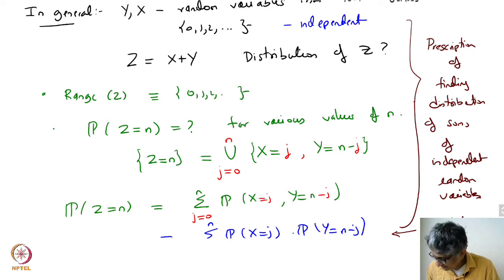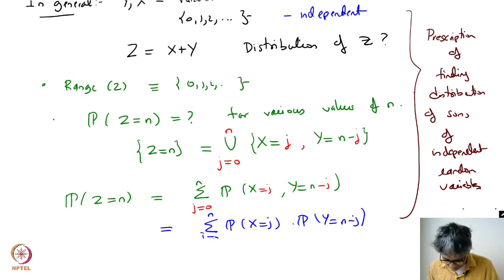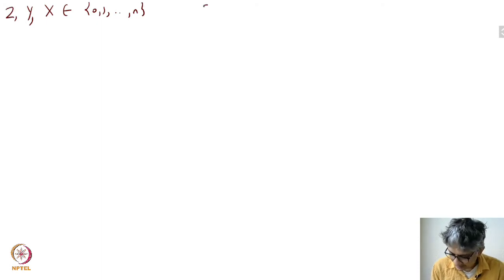Let me illustrate that a little bit more. What we observed is the following: x and y belong to 0, 1 up to n. So does z, and then z was equal to x plus y.